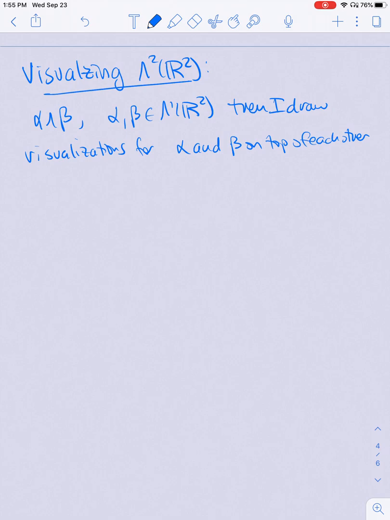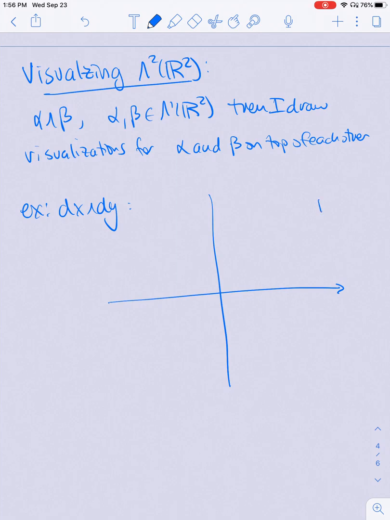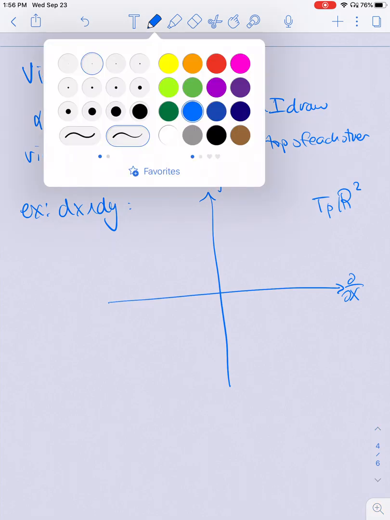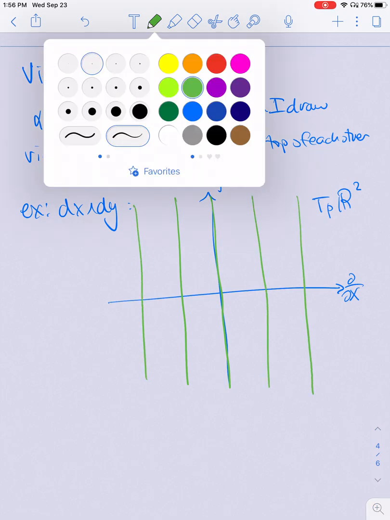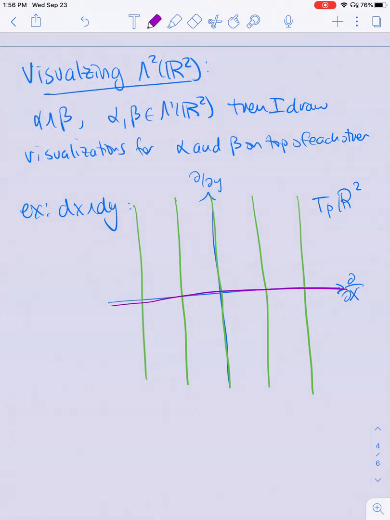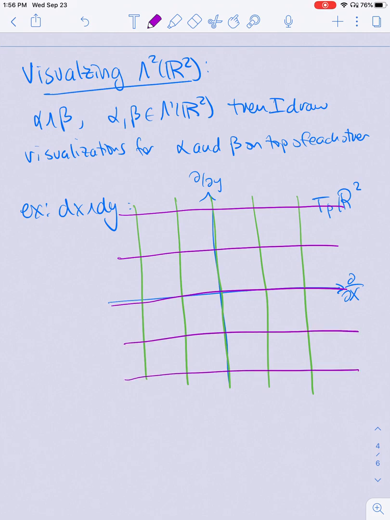Let's do just the example of dx wedge dy, thinking of it at a point. Here I'll draw my visualization for dx, drawing all the level sets where dx of vectors that end on these lines are integers. And then the same thing for dy.